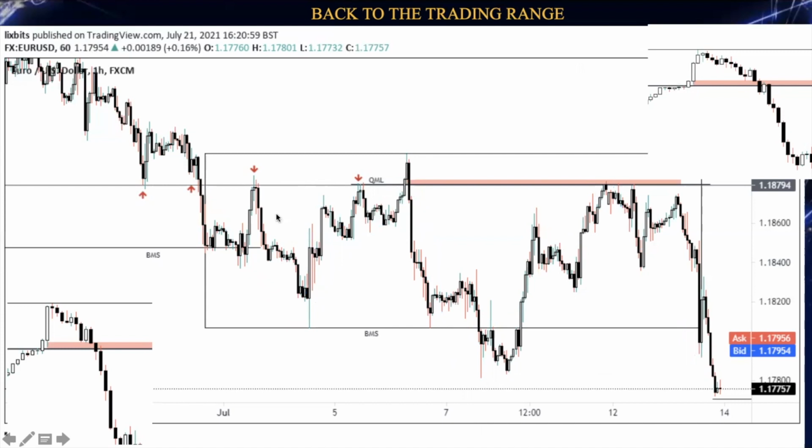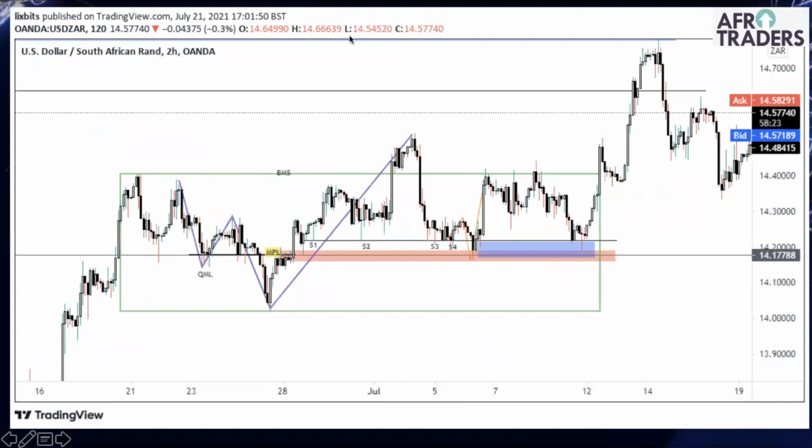So this is another example. This was an uptrend. You have this low, this pullback, and a new high. So this high and this low become our trading range. Within it we have 1, 2, 1, 2.